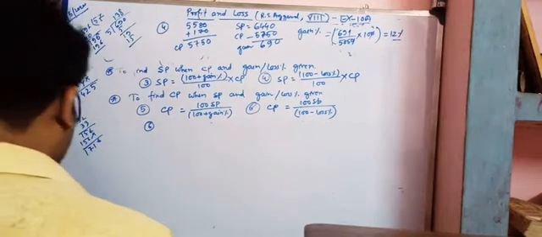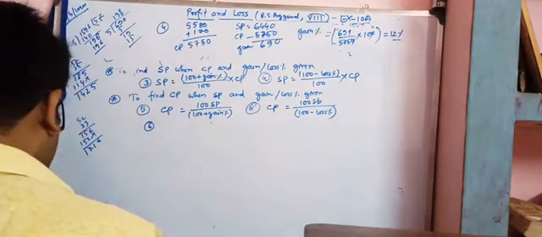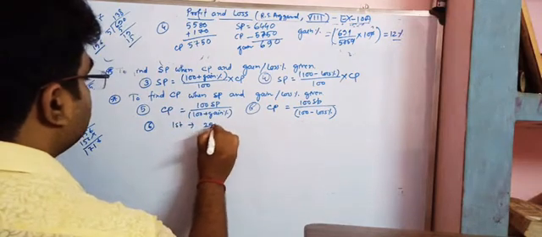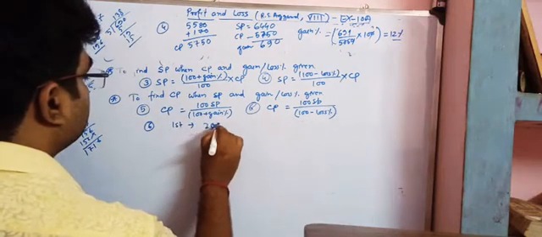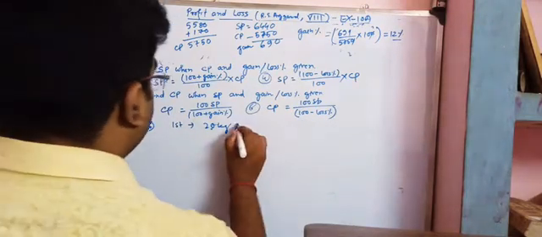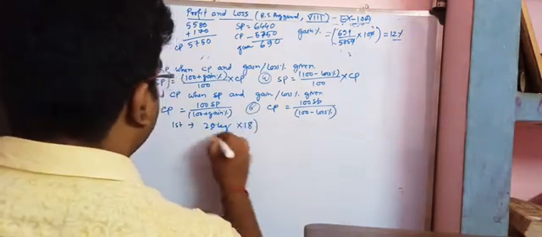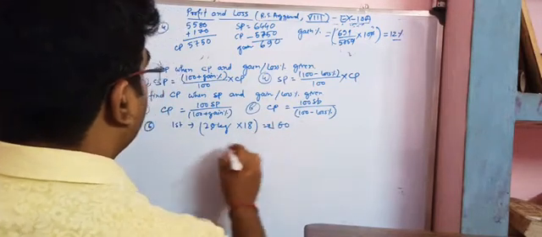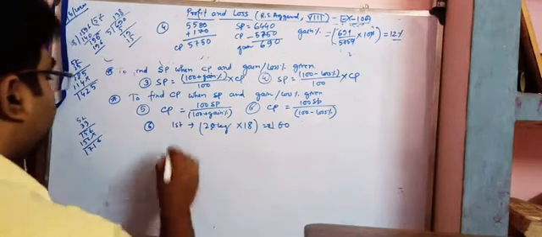What is given in question number 6? 20 kg of rice, first variety, 20 kg at rupees 18 per kg. So total rupees 360. Okay.